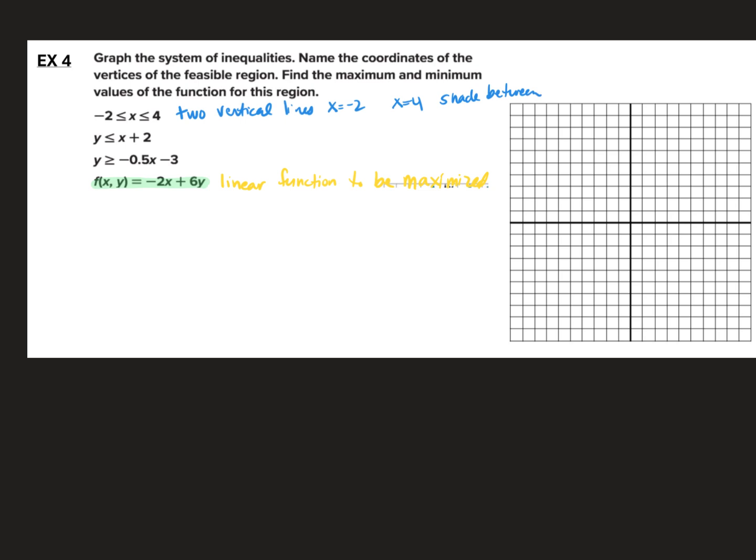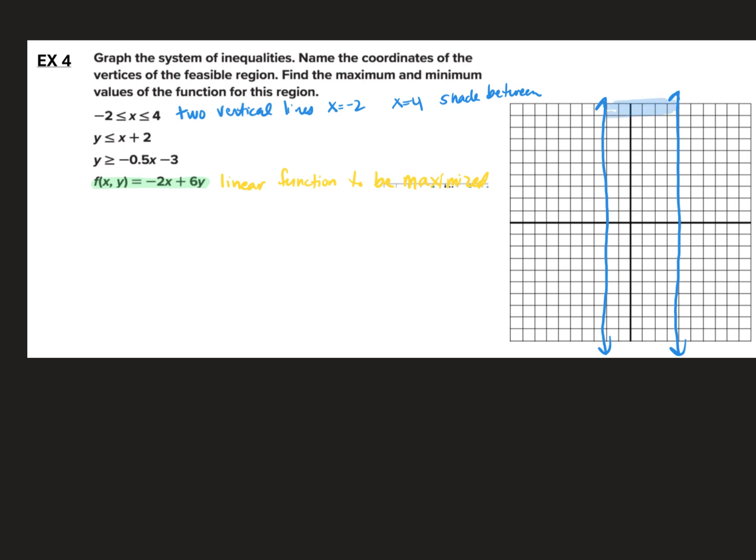And let's go ahead and do that, and I'll graph in blue. So at -2, and it's solid because it's equal to, hope your lines are a little straighter than mine. And at +4, 1, 2, 3, 4. And then I'll grab the highlighter and shade between.